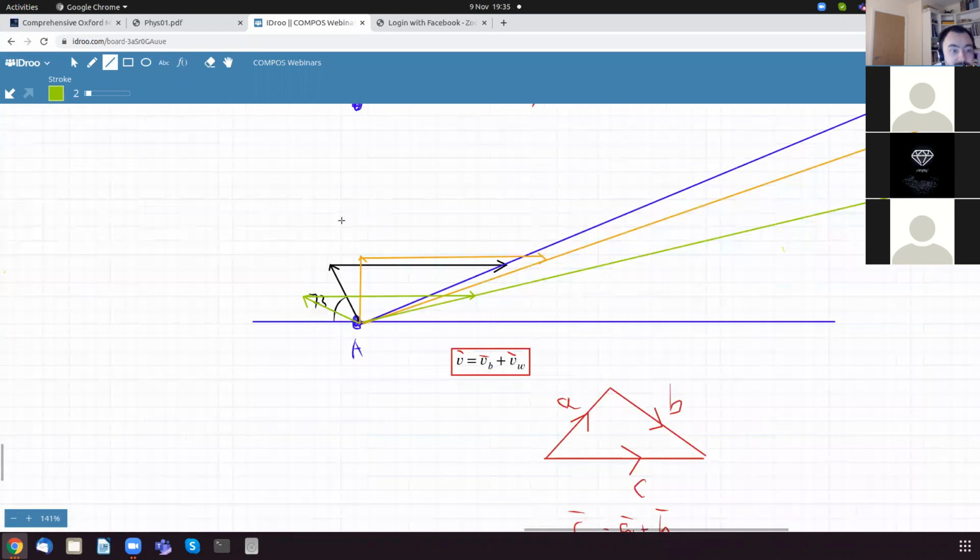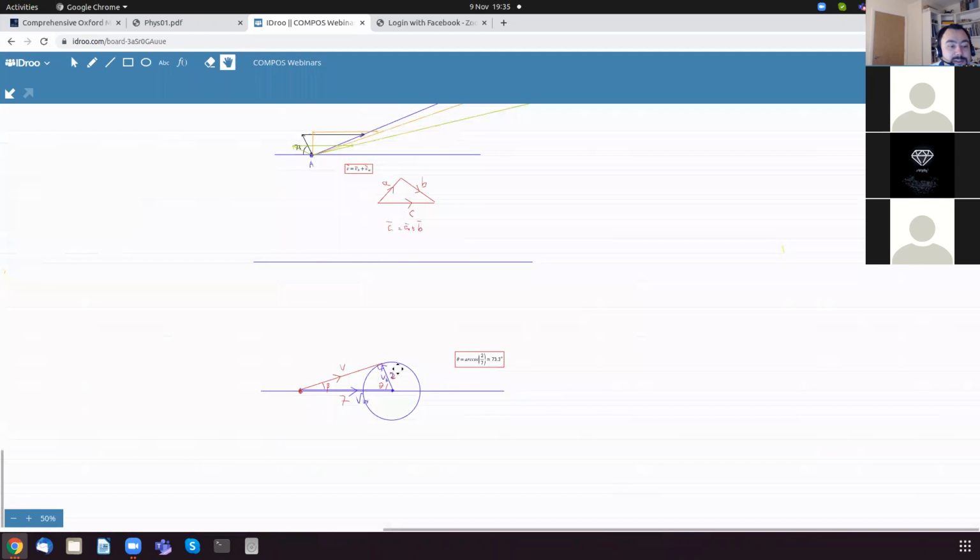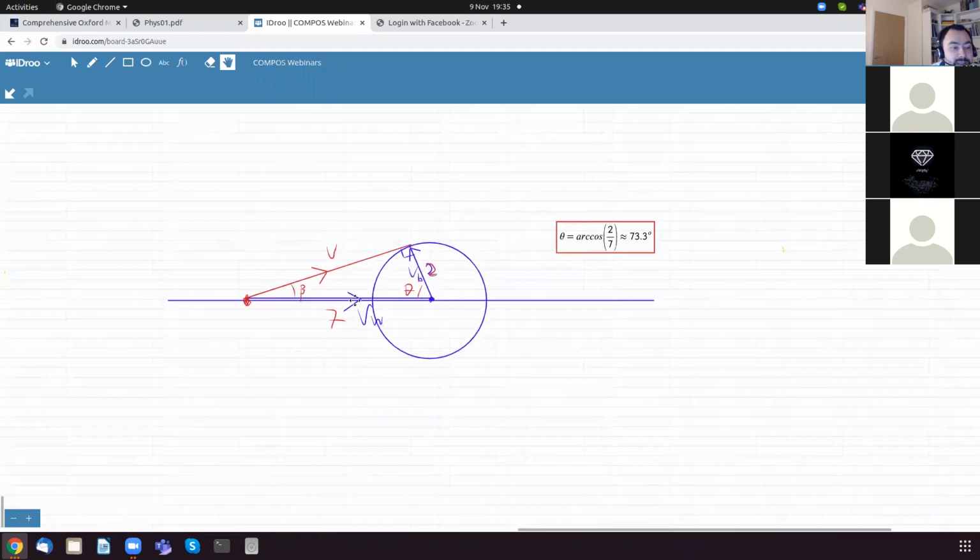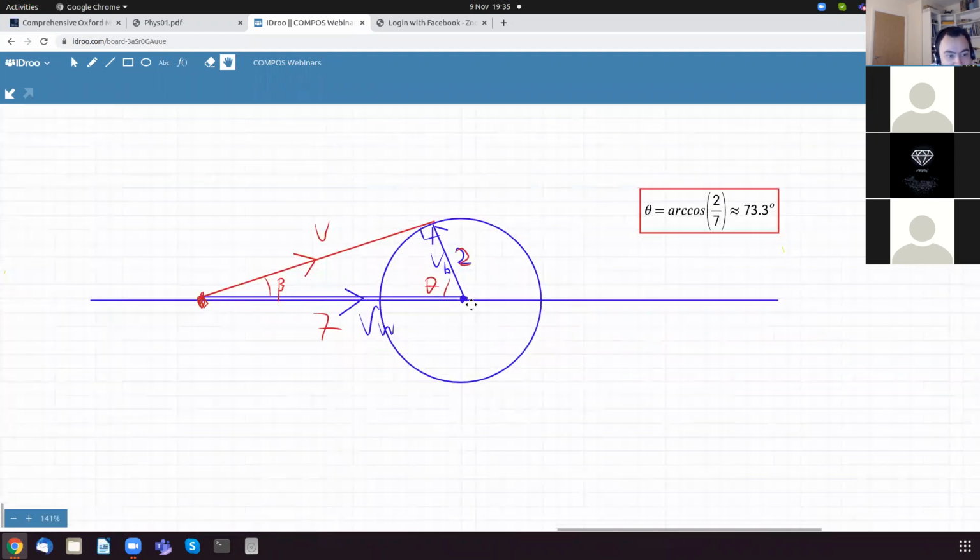So 73 is the sweet spot for this question. The river takes you this way, the engine takes you this way, and this is how you are actually moving.